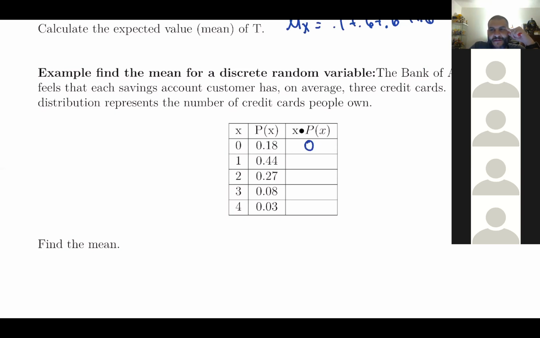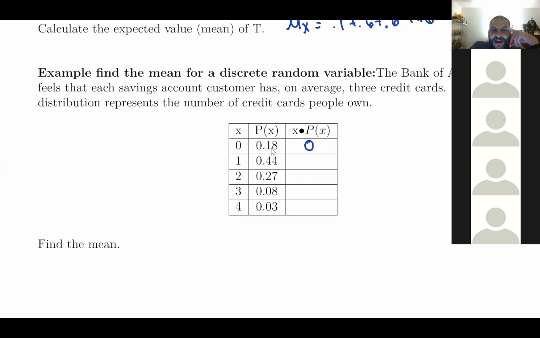Because any number multiplied by 0 equals 0. Technically, multiplying by 0 will give you 0. But if you think about it, this is telling me 18% of the population doesn't have a credit card, correct?